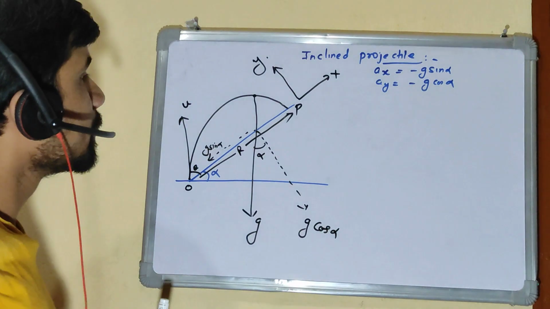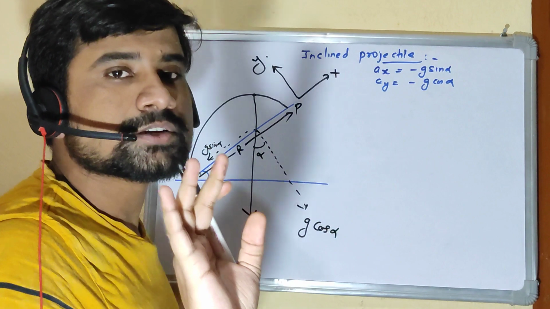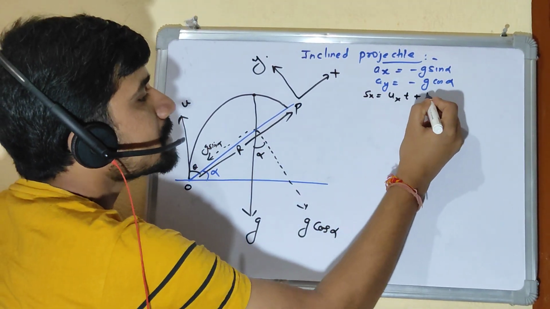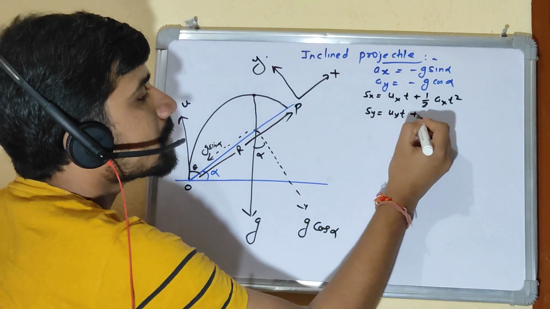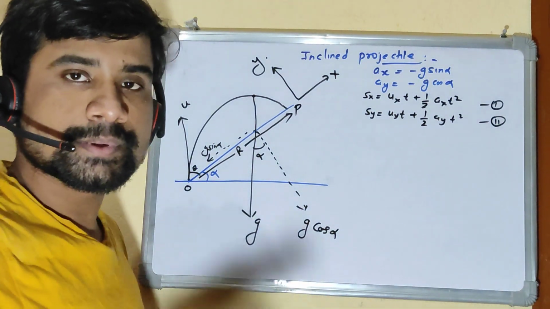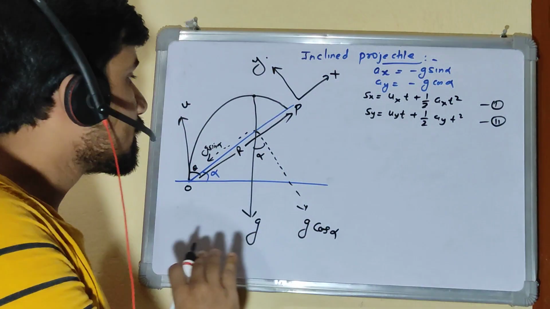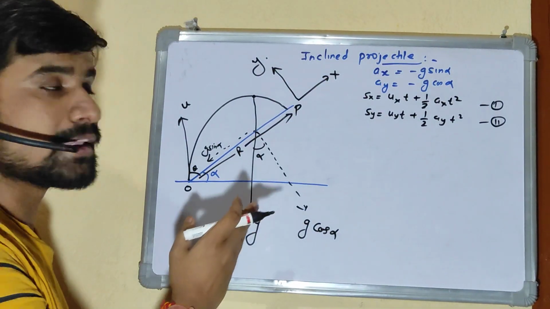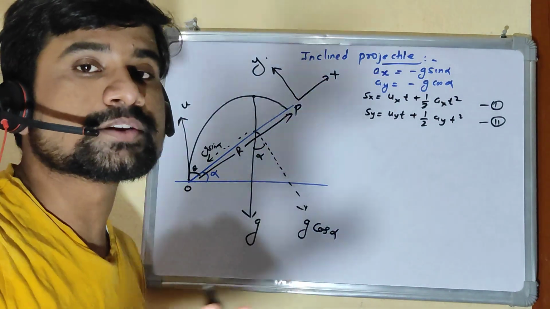So before going to time of flight, we again know that we have two basic equations here. One is Sx equal to uxt plus half axt square. The other is Sy equal to uyt plus half ayt square. 1 and 2, right? Let's understand that when this body has covered this journey, it comes back to the same level, and the displacement along the y direction is 0.